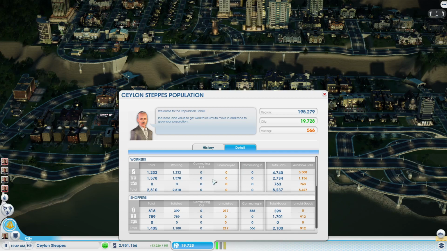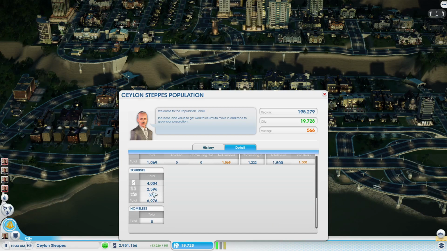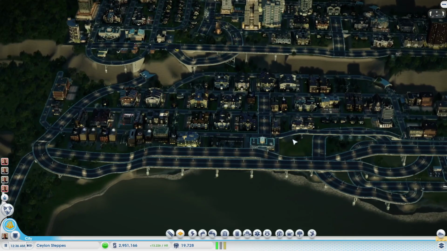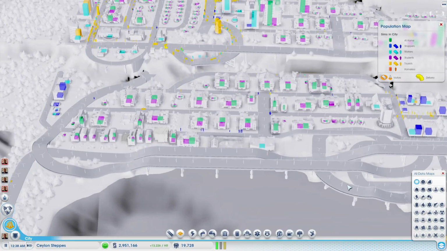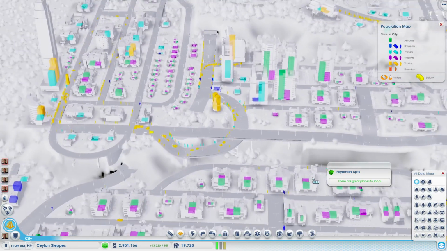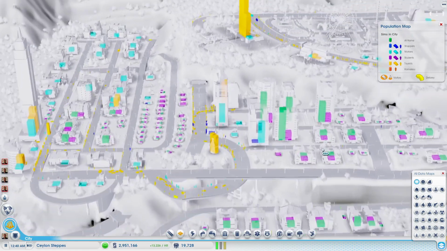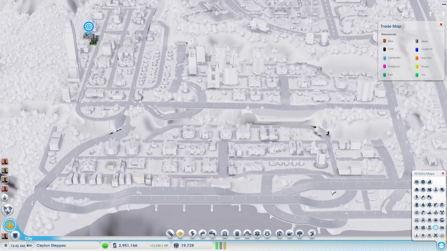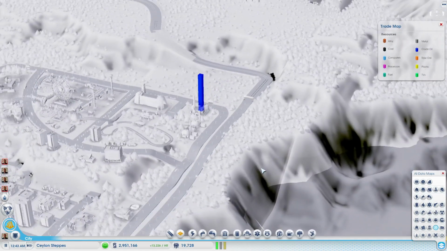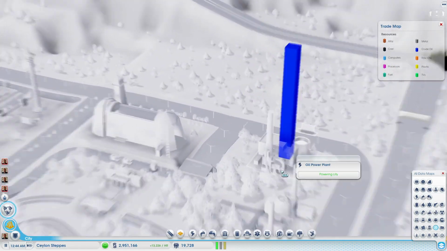We've got jobs. We've got a good cross section of tourists. We've got plenty of oil.